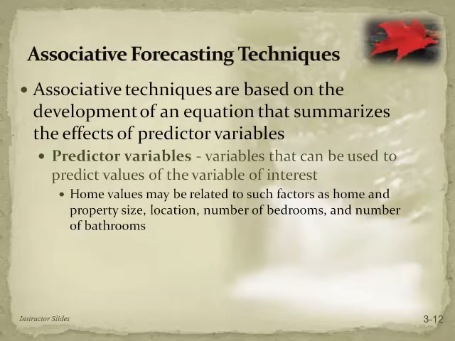So let's take an example of some predictor variables that are associated with a typical student's life. Let's say that I wanted to forecast your next exam grade on a particular course that you're taking. What could be some predictor variables that could be used to forecast what your grade will be on that exam?